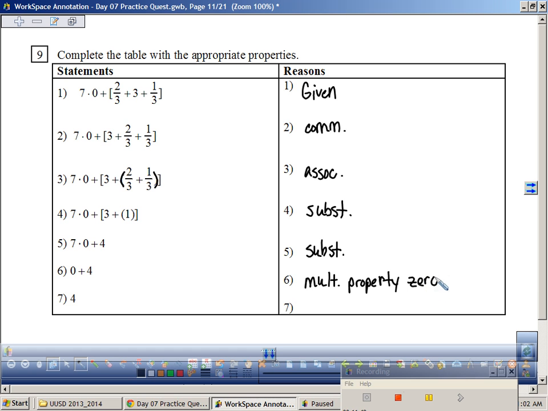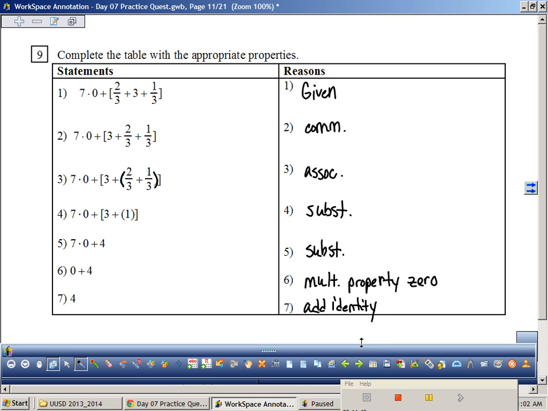Yeah. 0 plus 4? Good job. Additive identity. Excellent. Pretty good? Pretty clear? Yeah. Okay. May I move on?